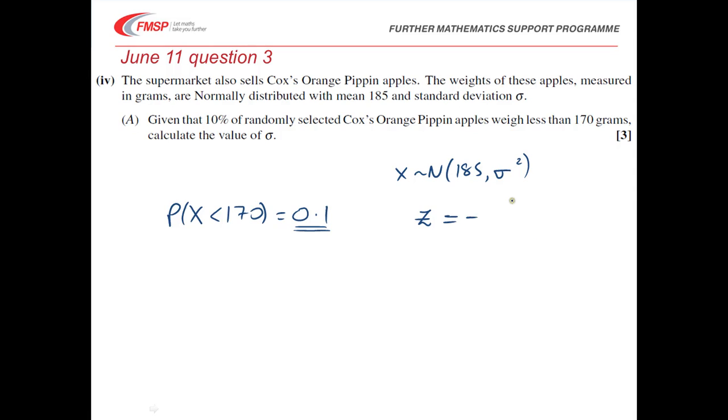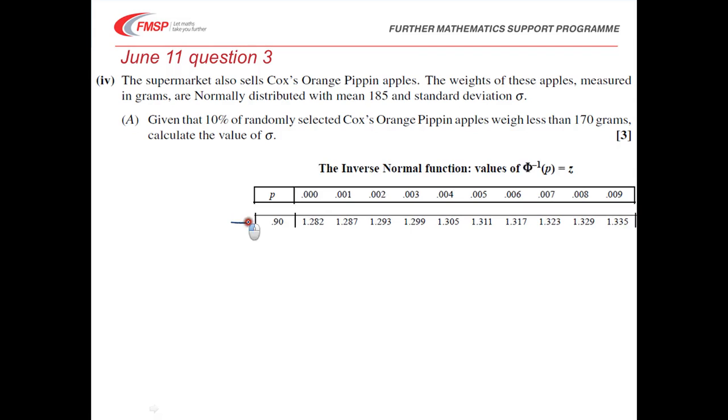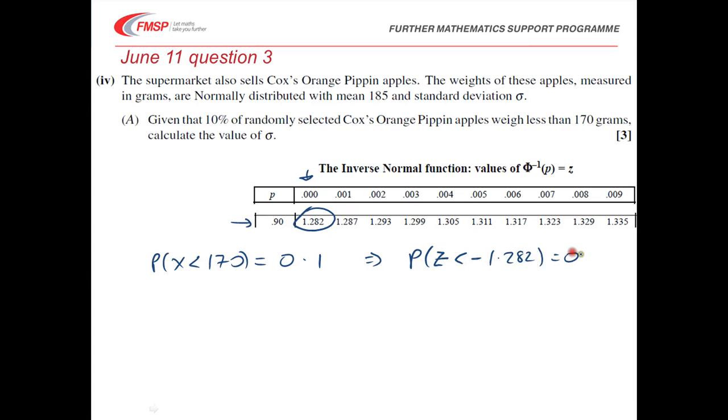Okay, so we're going to unstandardize it in the same way as we've done before. So if we look up 90%, because that's what exists, we're going to get a z value of 1.282. So therefore the probability that x is less than 170 equals 0.1 leads us to exactly the same statement as the probability that z is less than minus 1.282 is equal to 0.1.